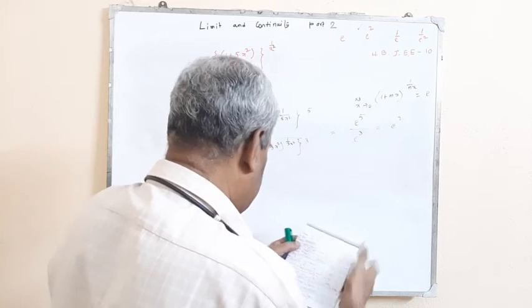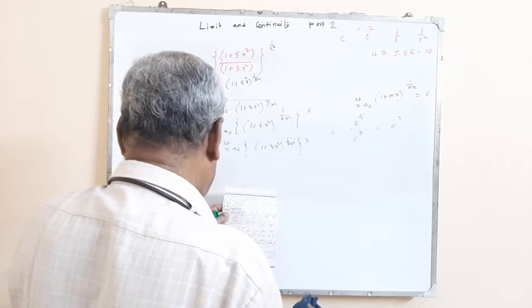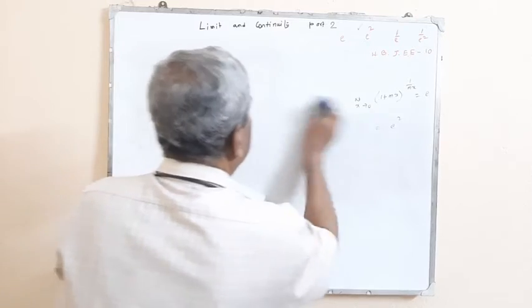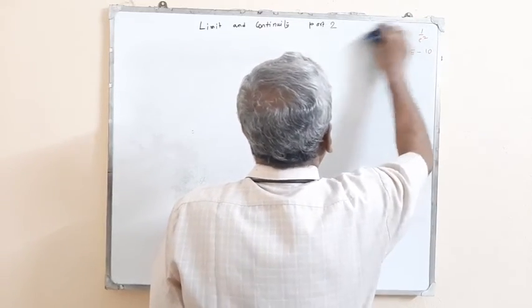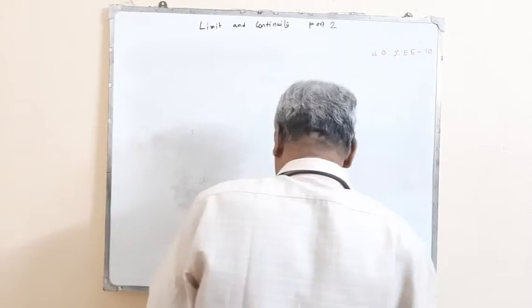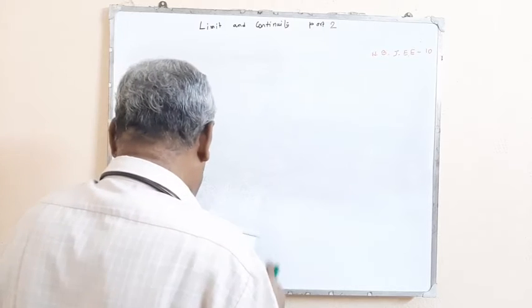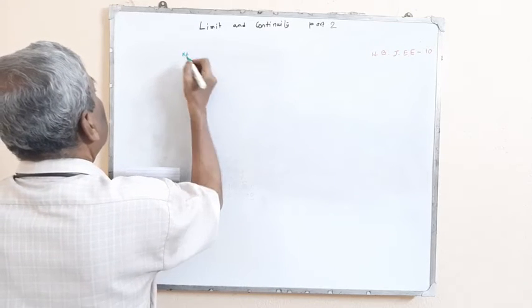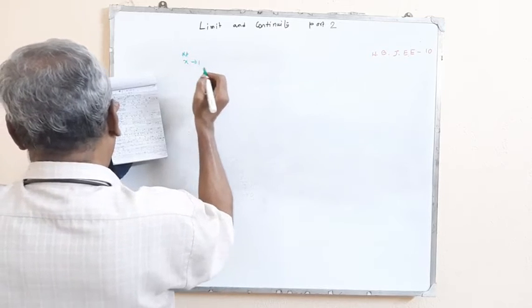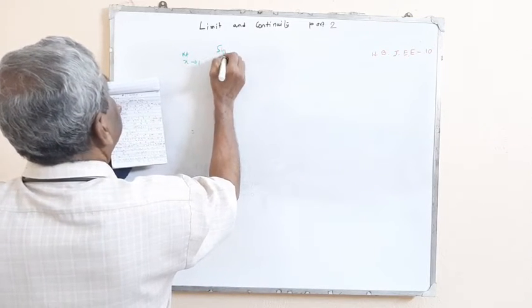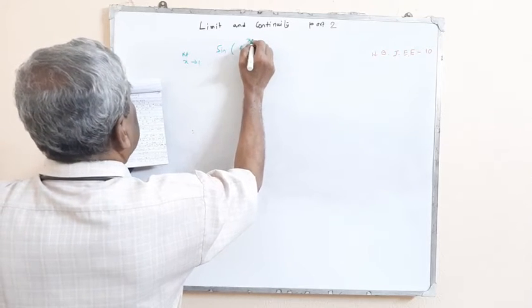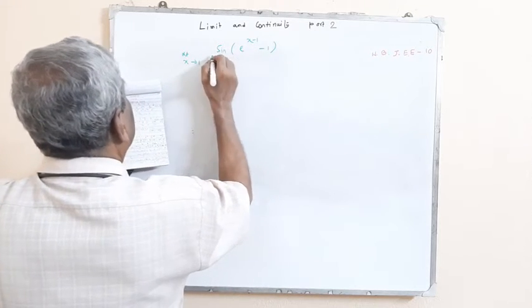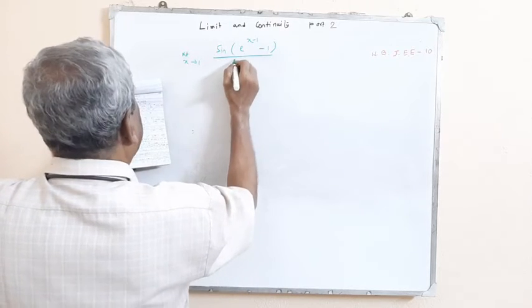Now take the next problem. And the next problem is limit x tends to 1, sine of (e to the power x minus 1 minus 1) by log x.